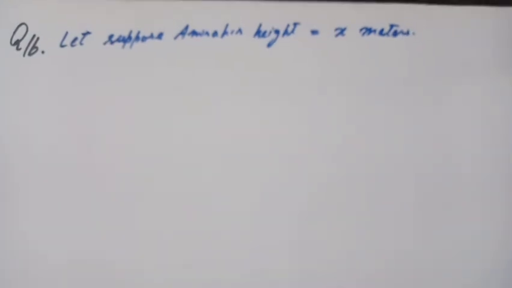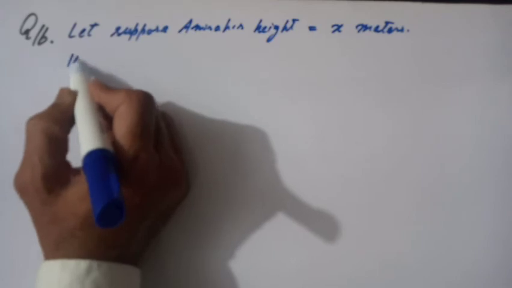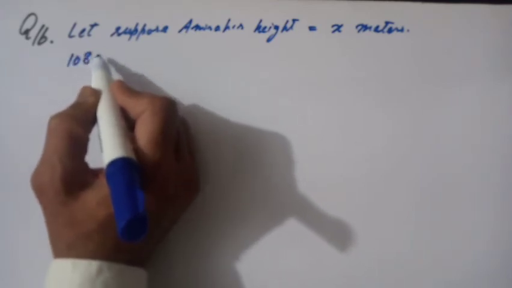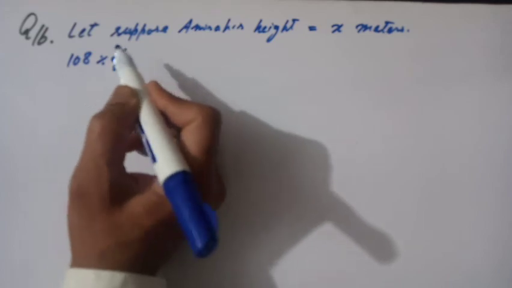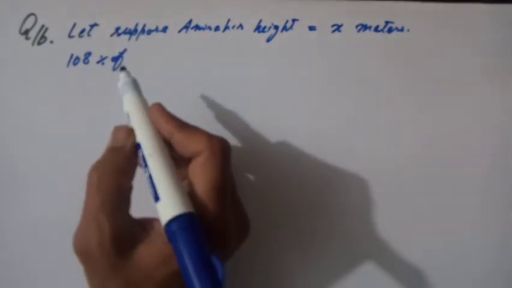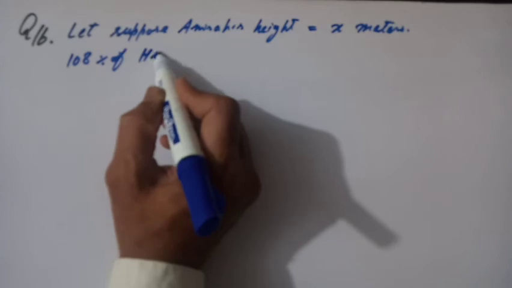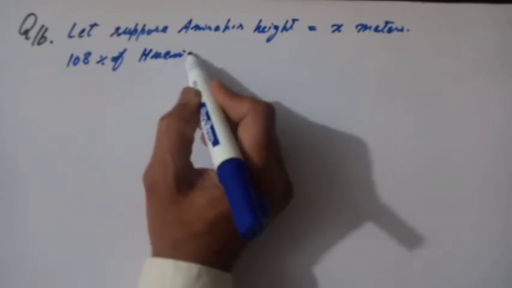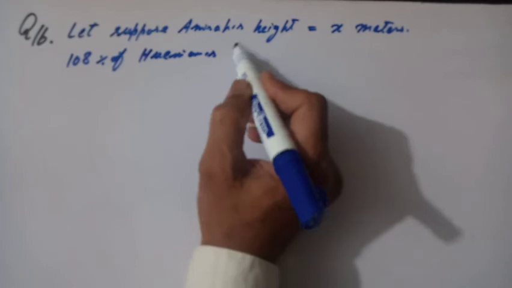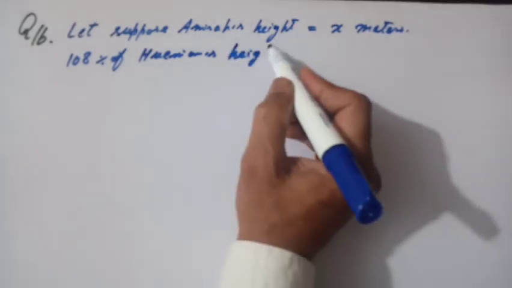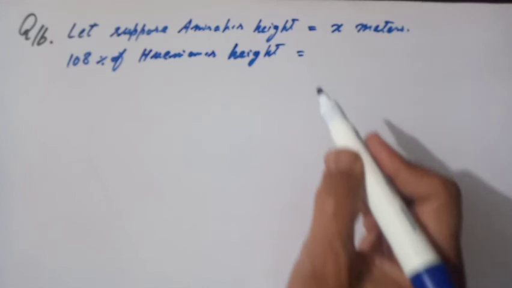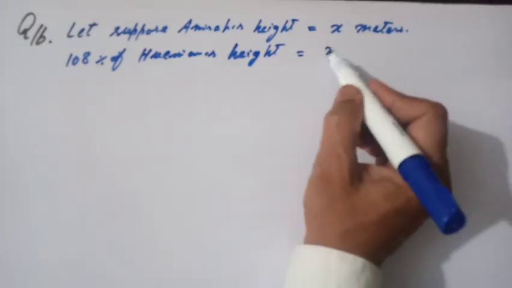Then, as it is mentioned in the question that Amira is 8% taller than Hugesian, so we are justified to say that 108% of Hugesian's height is equal to x meters.